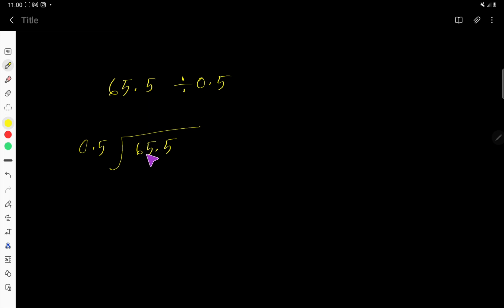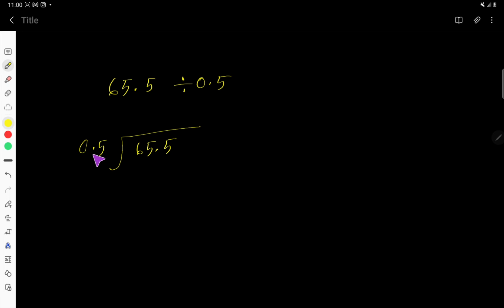To divide a decimal number by another decimal number, look, you have to move the decimal point in such a way that you get a whole number in the divisor.